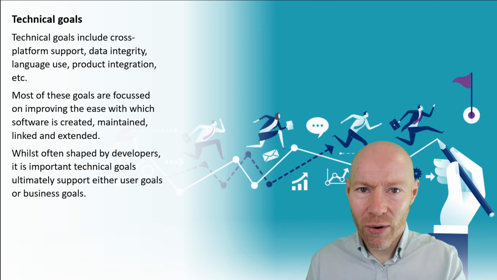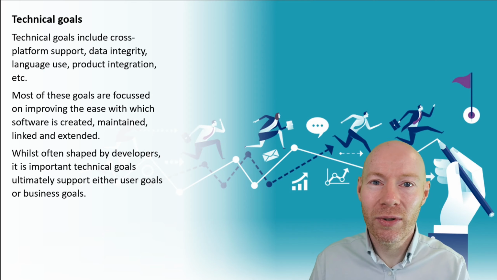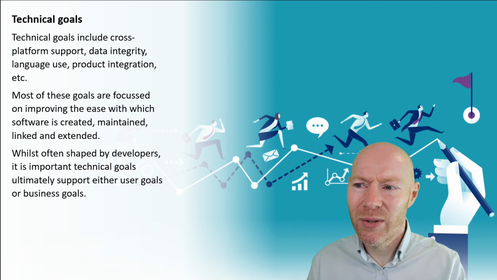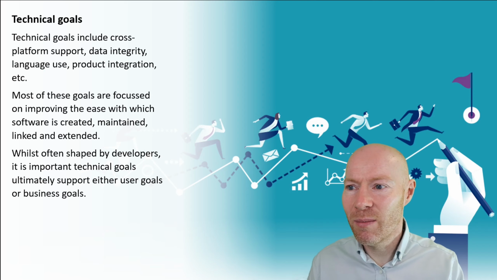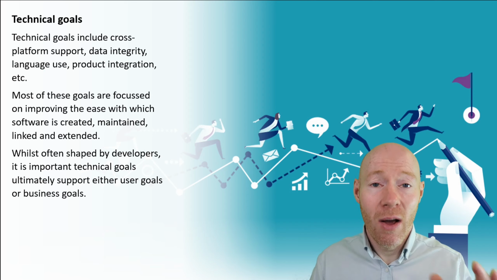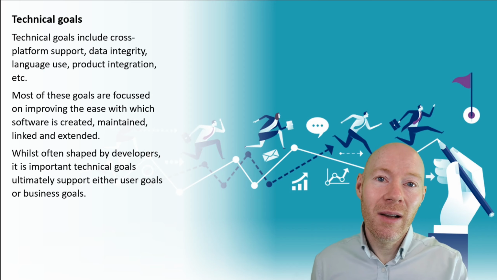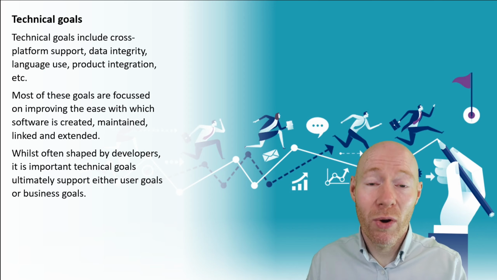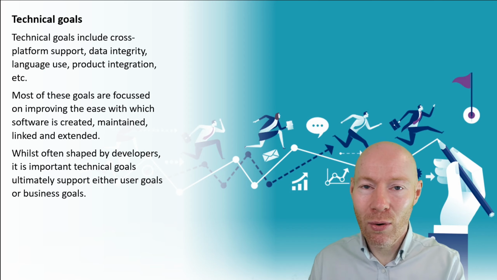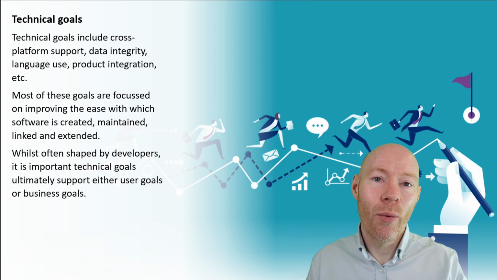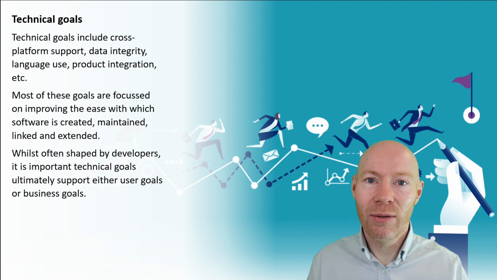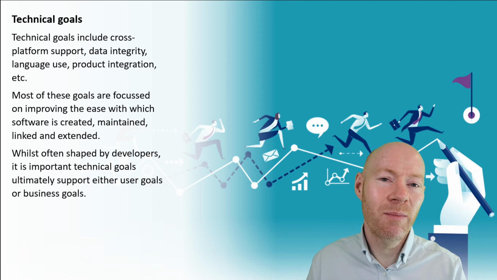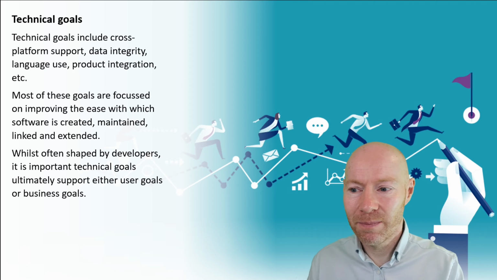Now, quite often the technical goals are there for good reasons, but you can define those as reasons that relate to the ease with which the software can be developed, maintained, integrated, and extended. All really important, of course, but it's important that we don't put too much emphasis on that. So our user goals come first, our customer and the wider business and organizational goals come after that, and then the technical goals, yes, we have to meet those, but not at the expense of the other aspects.